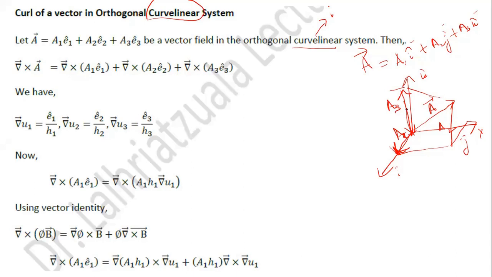When we talk about vector field, there's a constant vector as well as a vector field. Constant vector means all these components A1, A2, and A3 are constant.